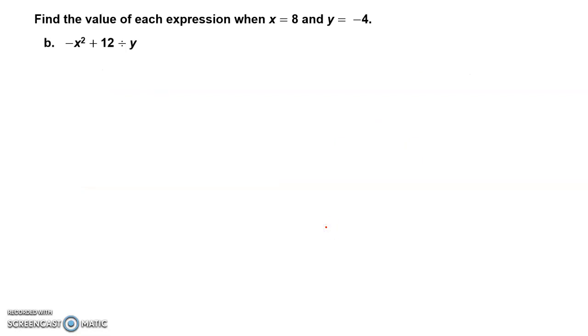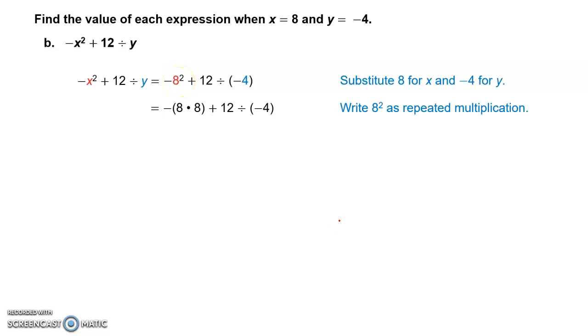So now be careful. The negative is not with the x that's squared. So that one just means -8 squared plus 12 divided by -4. So you're going to do 8 times 8, which is 64, and the negative stays with it. If the negative was included with it, it would have parentheses around it, or if the number was a negative when you plugged it in.